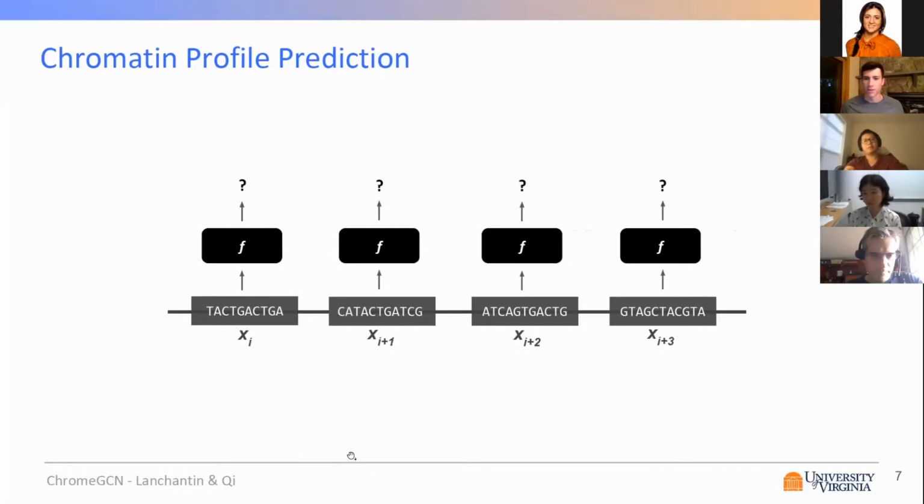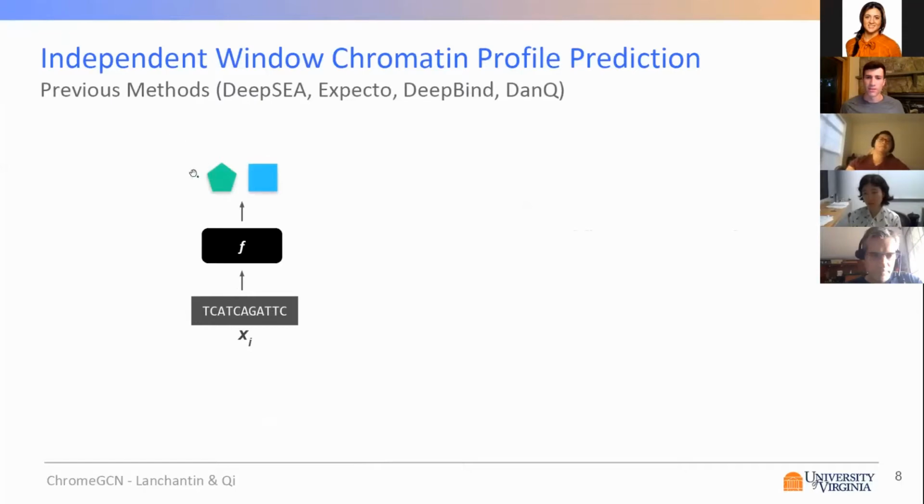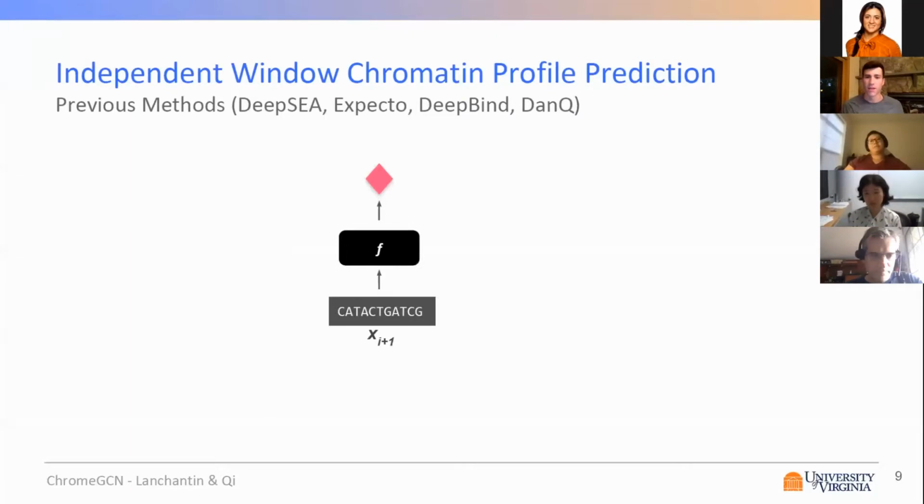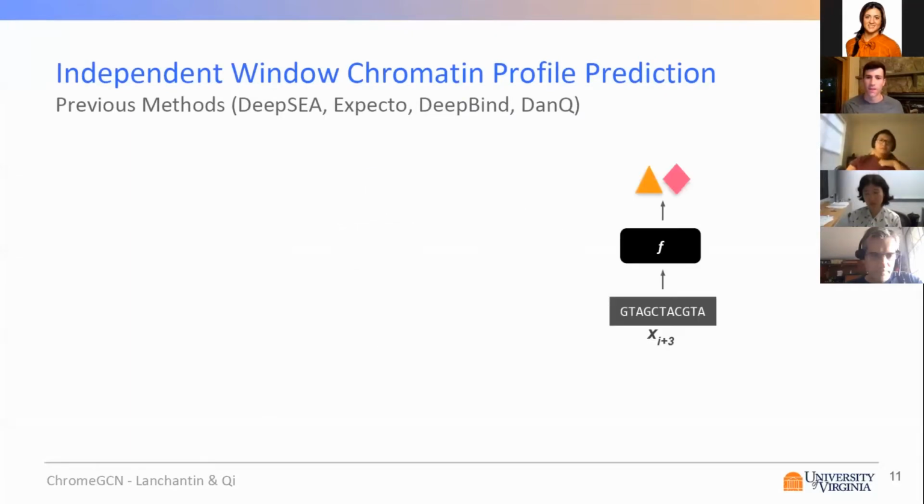So given some new DNA windows, the model hopefully will be able to accurately predict the chromatin elements at each of those windows. Previous state-of-the-art methods for this task predict the state of each DNA window independently of all other windows. So we'll take one window, predict the chromatin elements that are present there, move to the next window, predict the chromatin elements, and so on.